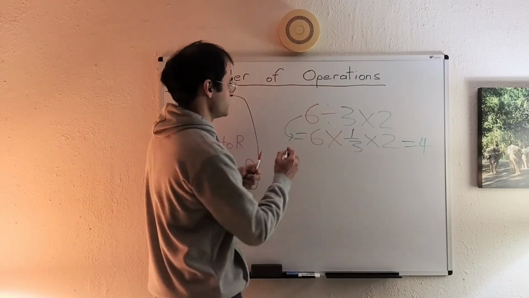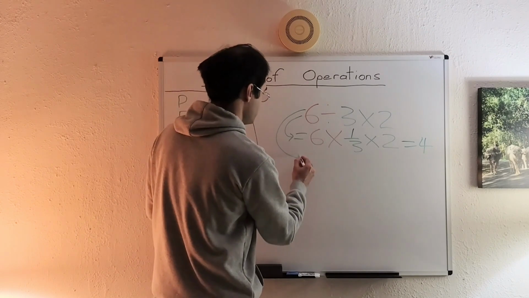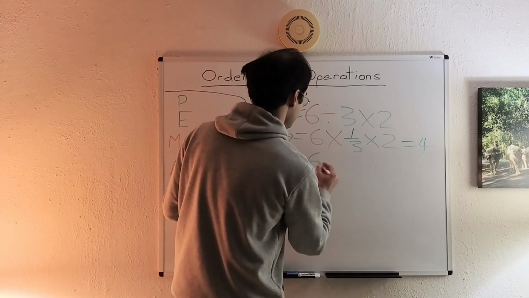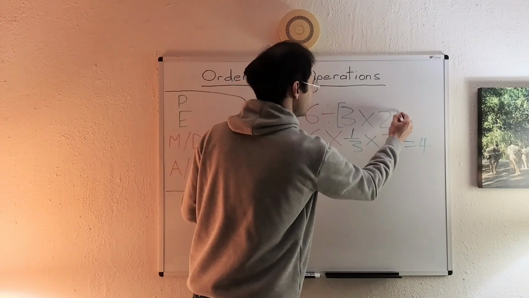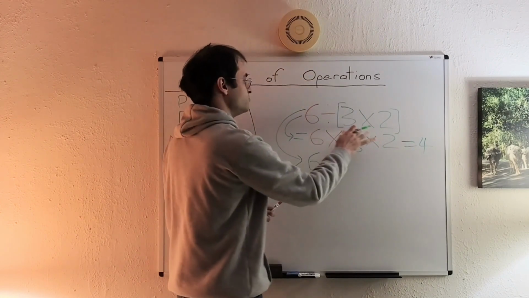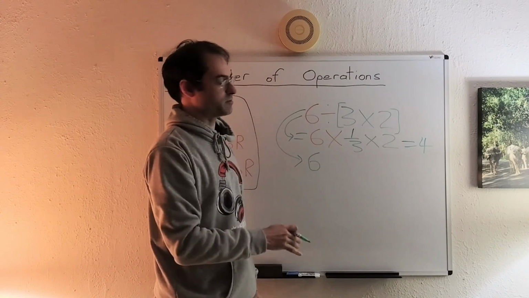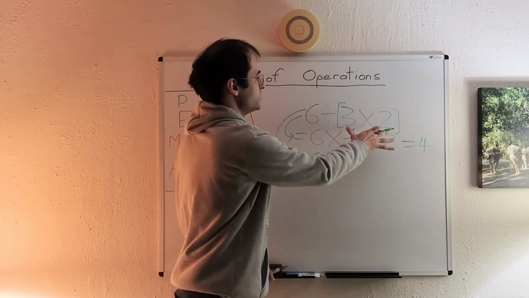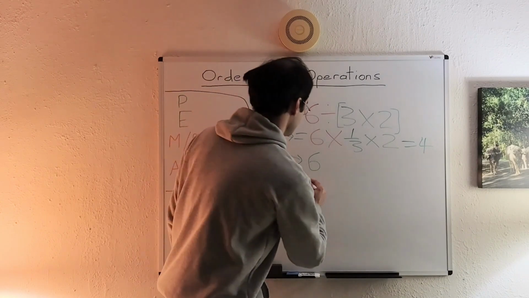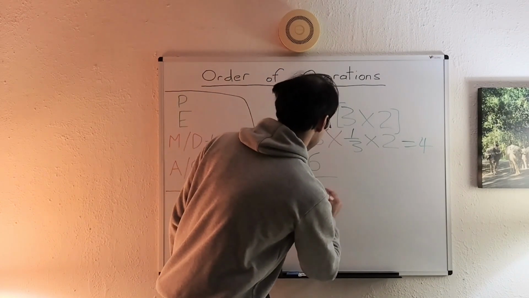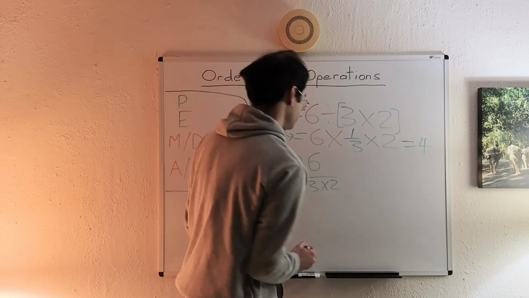So in that case, if there's a bracket, there isn't, but if there was, and we decide to do things not from left to right, but right to left, it would be equivalent to putting the brackets there, which would be 6 divided by (3 times 2).